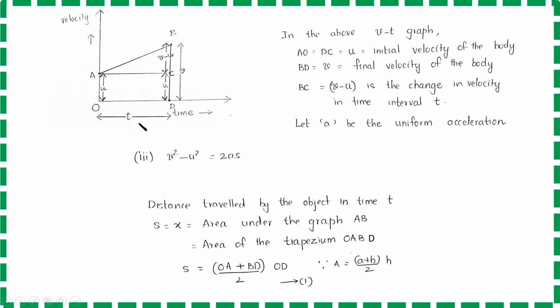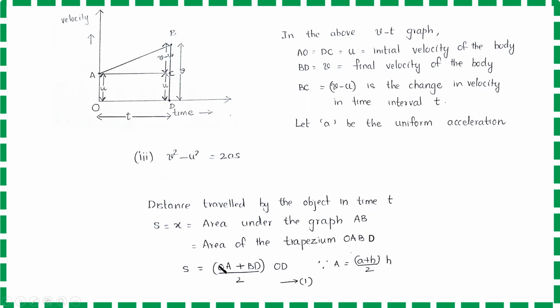In this case, for this trapezium OABD, OA is one side and BD is another side. The height is either AC, which is also equal to OD.